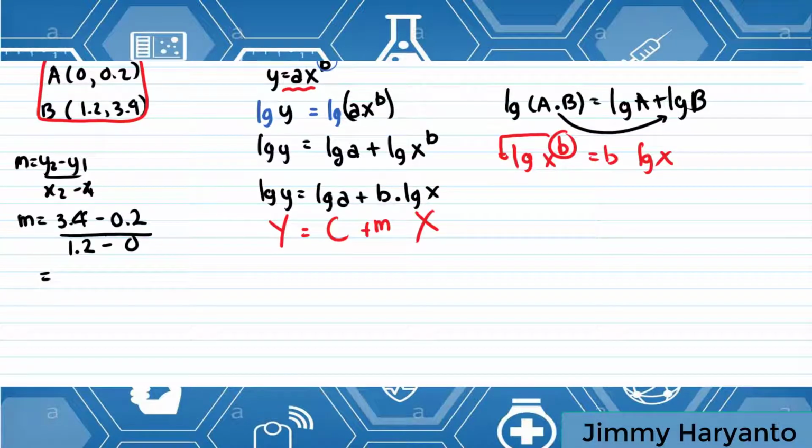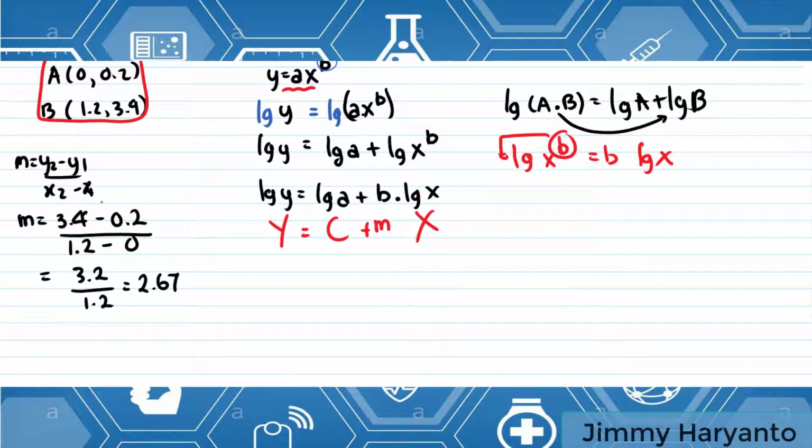It will equal 3.4 minus 0.2, which is 3.2, over 1.2 minus 0, which is 1.2. Let's use decimals. So the gradient is 2.67.